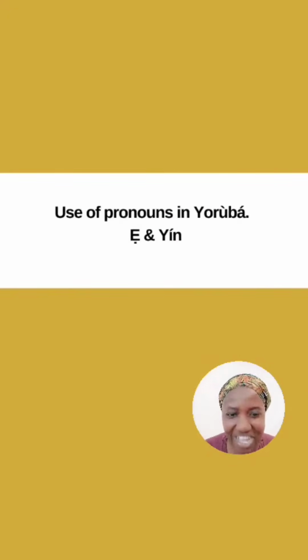Where are you from? So today we're going to learn how to appropriately use honorific pronouns in Yoruba. It is lovely to be able to speak Yoruba, but most importantly, it is nice if you're able to use it correctly. Say the Yoruba words correctly.